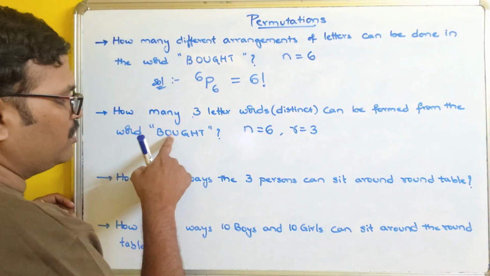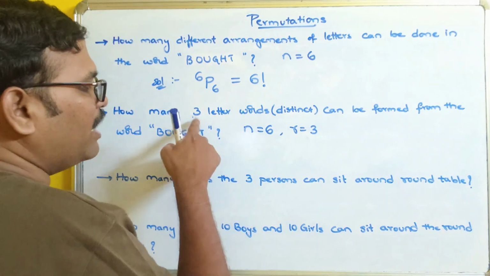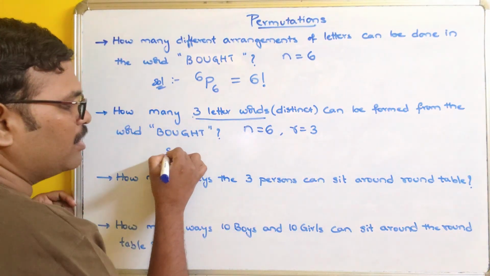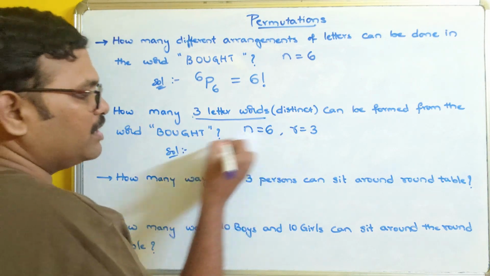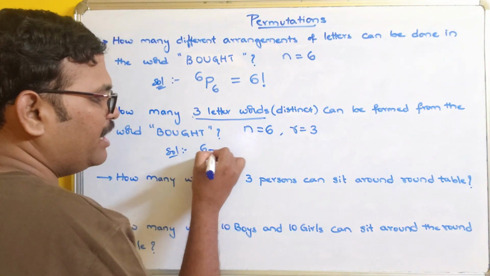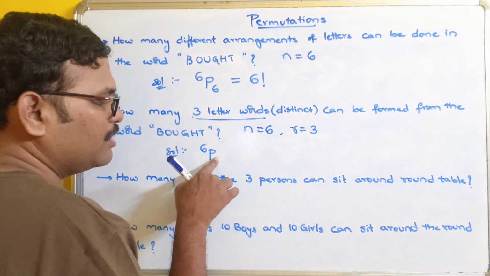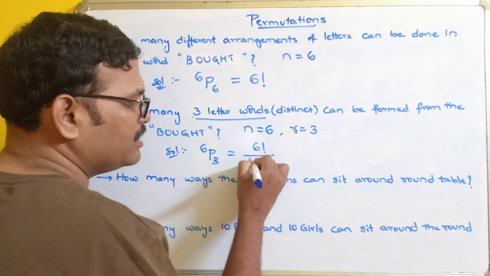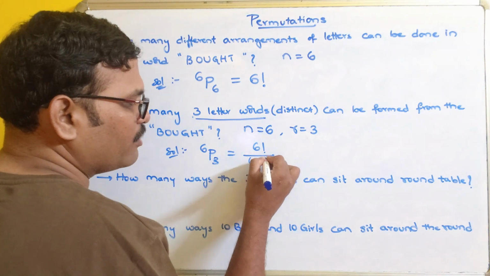See, 1, 2, 3, 4, 5, 6, total 6, and we need to form 3-letter words, that means r is equal to 3. So then the solution will be 6Pr, that means 6P3, which is 6 factorial by (6 minus 3) factorial.